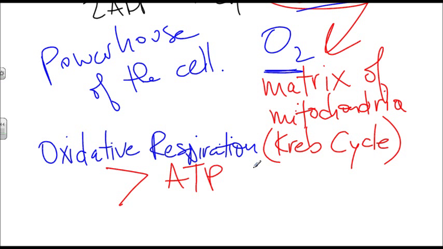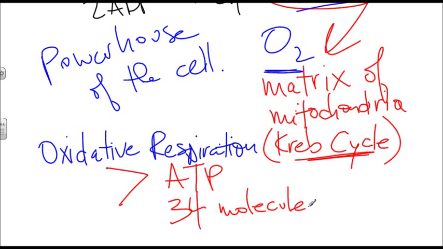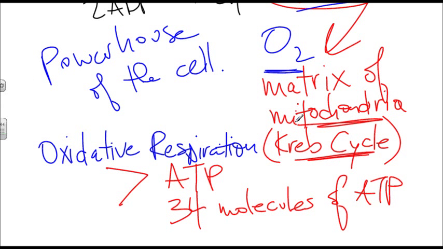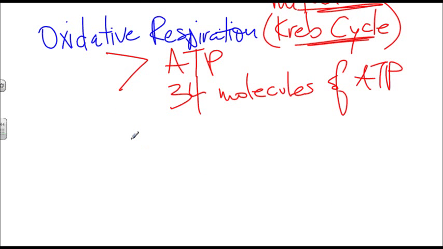In fact, this process alone, this Krebs cycle, as I'm going to refer to it instead of oxidative respiration, is going to produce up to 34 molecules of ATP. This is done within the mitochondria, and that's why we refer to the mitochondria as the powerhouse of the cell, because it's where we produce the most ATP. So let's look at the Krebs cycle.